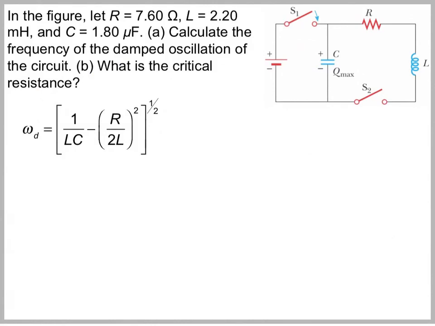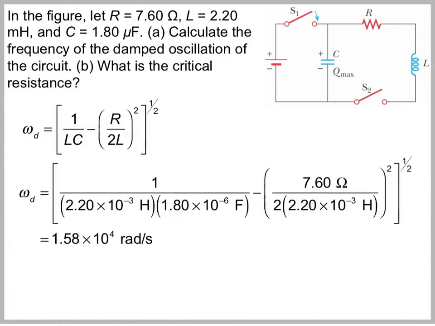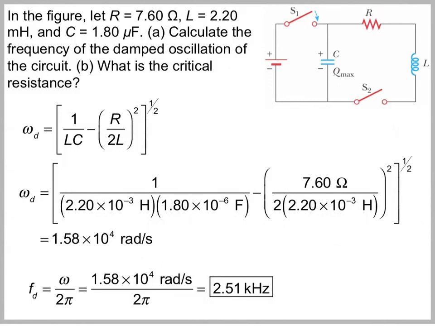We plug in the values that are given, and we get 1.58 times 10 to the 4th radians per second. Or if we wanted to know in terms of frequency and not angular frequency, it's omega over 2 pi, which is 2.51 kilohertz.